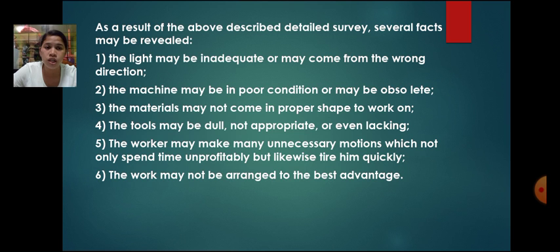Second, the machine may be in poor condition or may be obsolete. Third, the materials may not come in proper shape to work on. Fourth, the tools may be dull, not appropriate, or even lacking. Fifth, the worker may make many unnecessary motions which not only spend time unprofitably but likewise tire him quickly. And lastly, the work may not be arranged to best advantage.